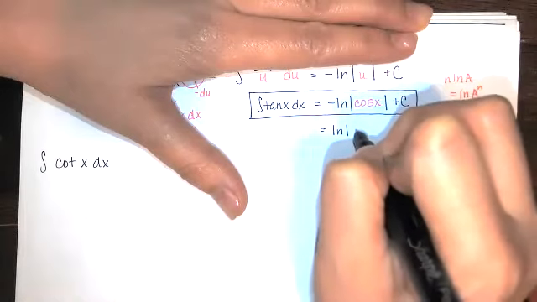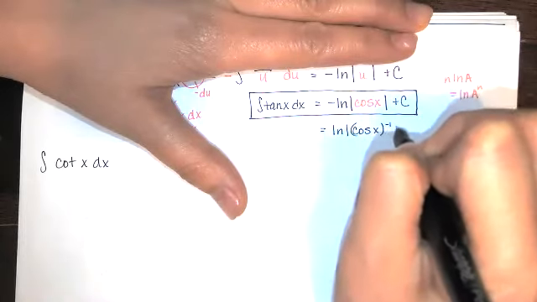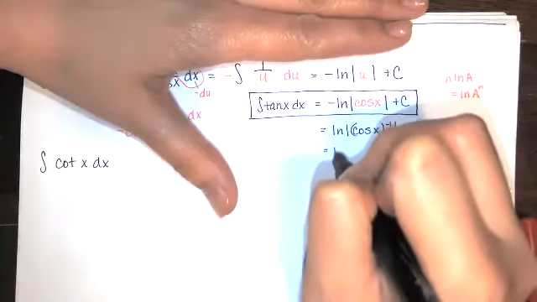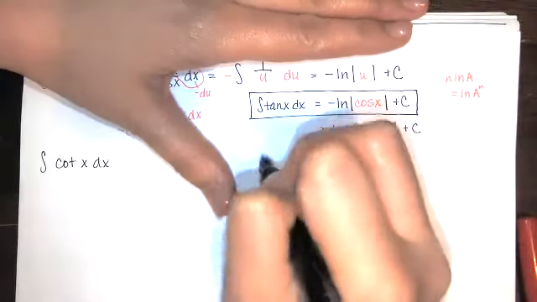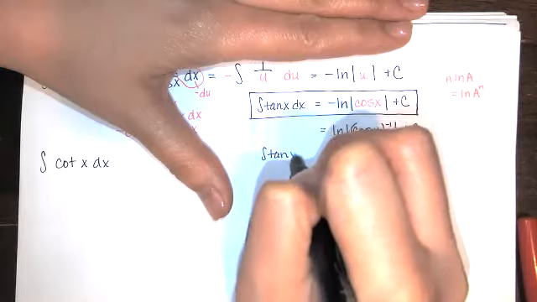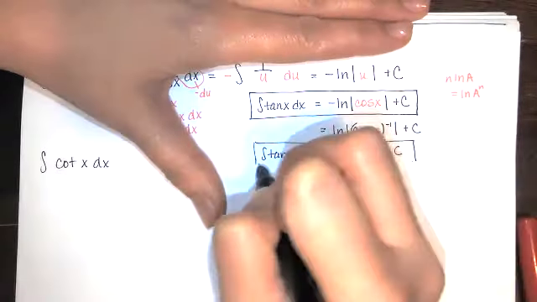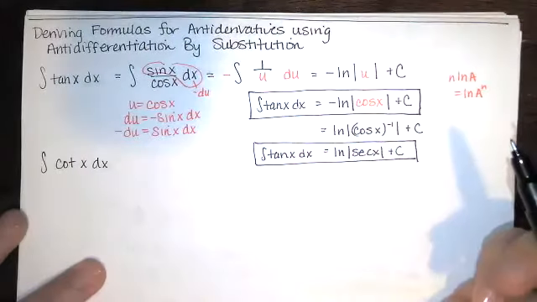So we could write this as natural log of the absolute value of cosine of x raised to the -1 plus c, but 1 over cosine is actually secant. So sometimes you'll see this rule written this way. The antiderivative of tangent of x is natural log of the absolute value of secant of x plus c. Either one of those is fine.